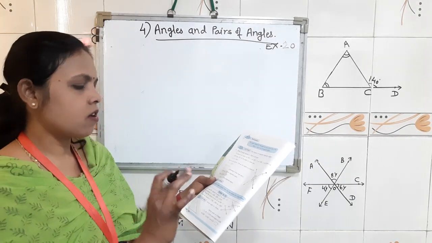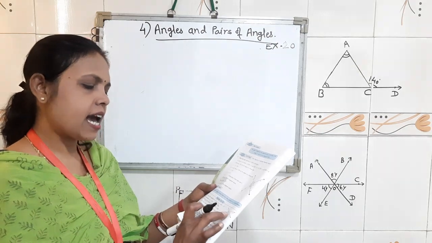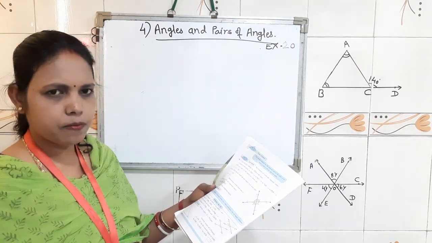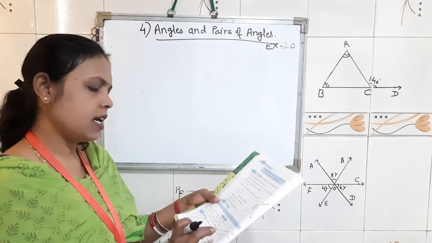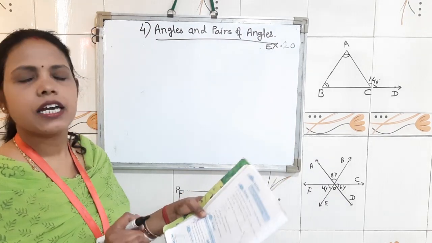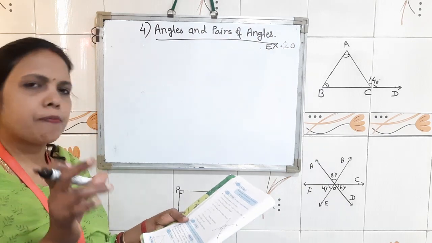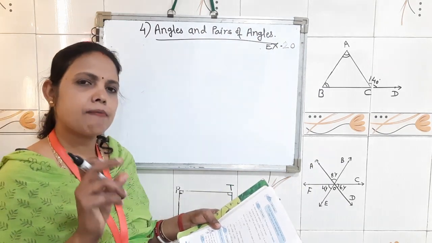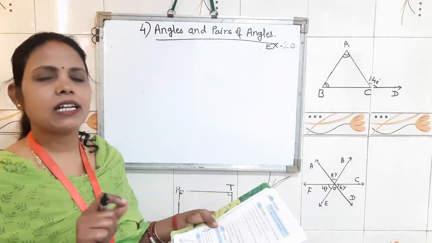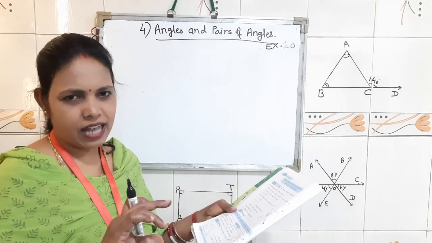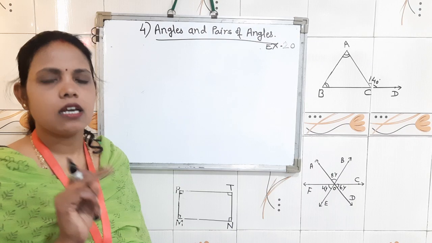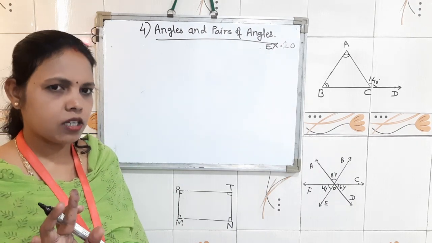Opposite of PMR, SMQ x degrees. And next angle PMS, here linear pair. Therefore 180 minus x degrees. You will get your answer. In the same way, opposite of that angle 180 minus x degrees.